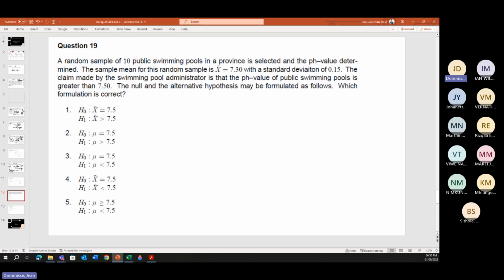They're giving you information around the hypothesis testing, but actually they just want you to write down what is the null hypothesis and what is the alternative hypothesis.